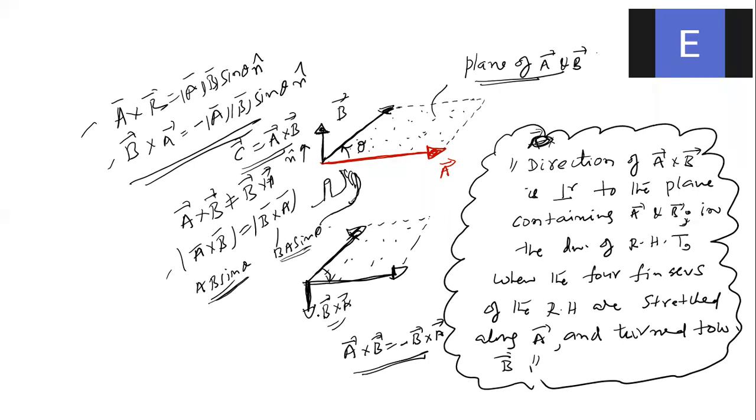That is for scalar. This is a vector, children. The vector's magnitude, whether it is down or up, is same. That's what I mean by mod of A cross B is mod of B cross A. Got it?